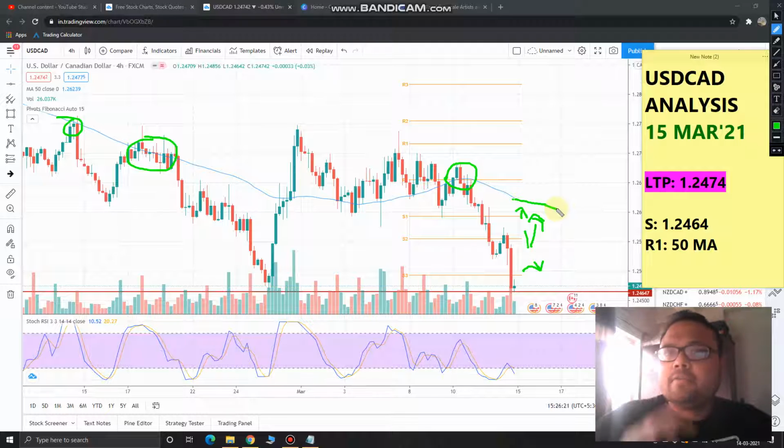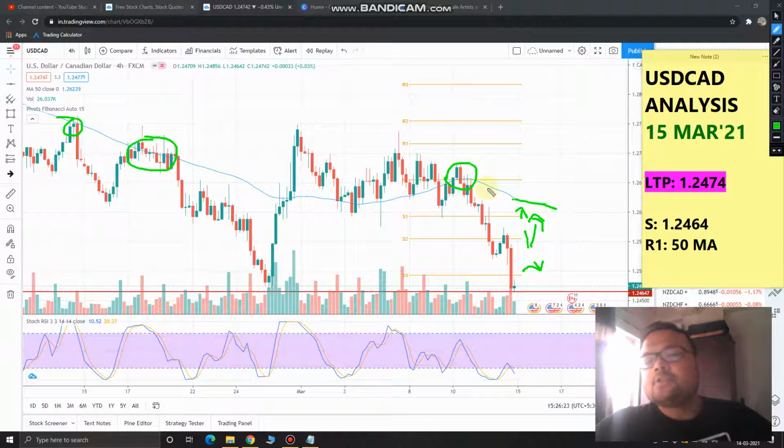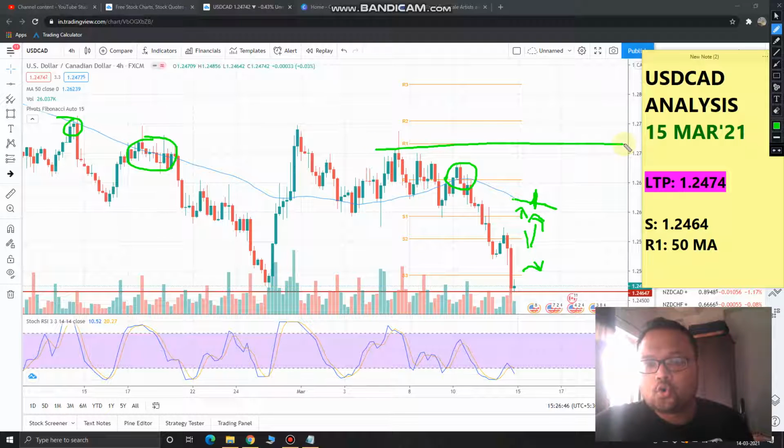Observation is the main thing. Just observe how the price is doing. If you see that price has crossed the 50 moving average, then do not do anything, do not buy, do not sell anything. Just wait and watch. If the market crosses the 50 moving average, you do not need to trade in this zone.